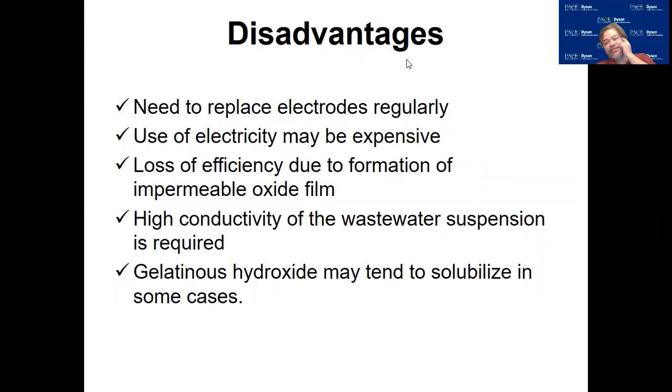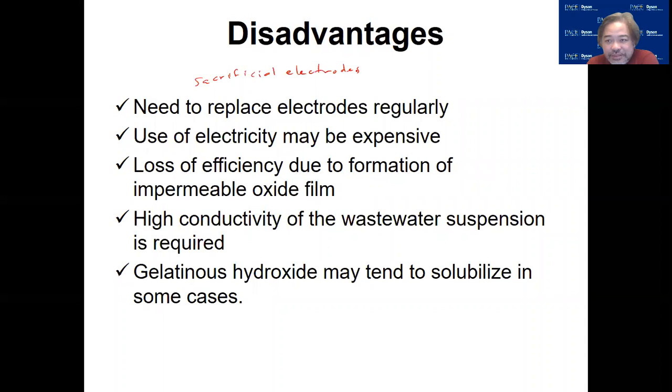Okay, but I think the main thing that we have here is the so-called sacrificial electrodes. Okay, so the sacrificial electrodes are dissolved into wastewater streams as a result of oxidation, and they need to be replaced regularly. Now, the use of electricity may be expensive, especially here in the Philippines.